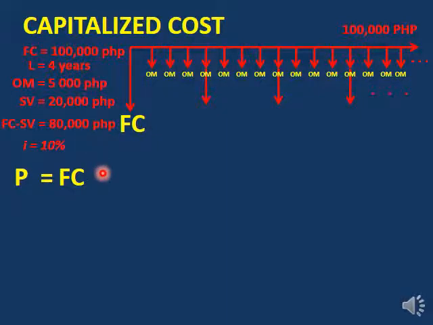The annuity formula in this case, because this annuity continues indefinitely, is called perpetuity, and that formula is whatever is that annuity divided by the worth of money. So since our annuity in that case is the operating maintenance, divided by i is the present worth of that annuity.